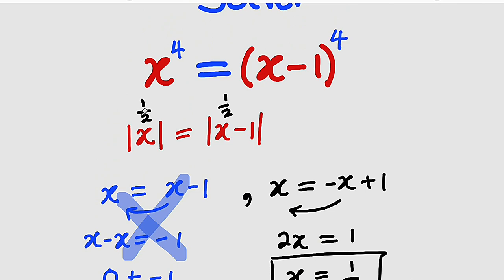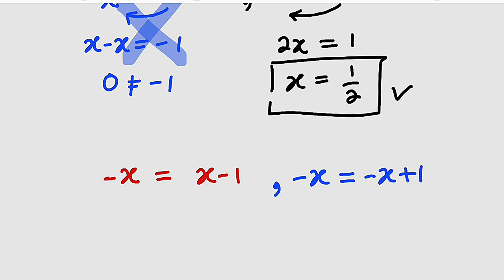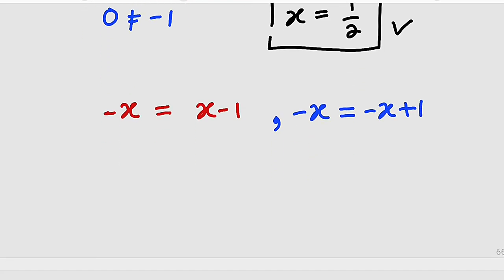Let us take the other two conditions. The left hand side can be negative x, and the right hand side remains positive x minus 1. Likewise, the left hand side can be negative and the right hand side be negative: negative x plus 1. Let us solve each one separately. If you bring this one to the left, it becomes negative. Negative x minus x is negative 2x, equal to negative 1.